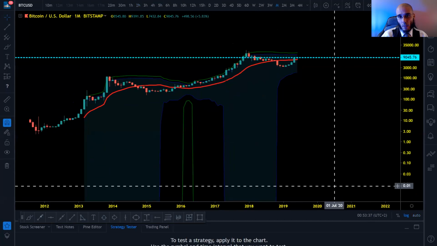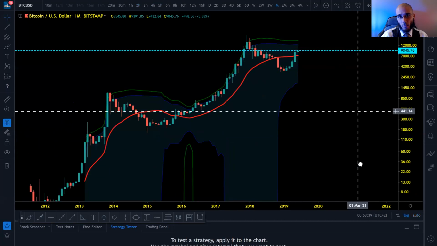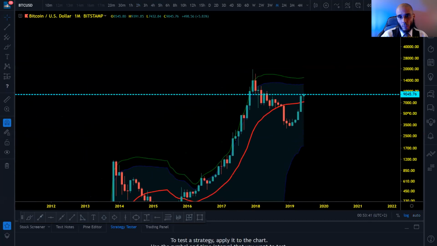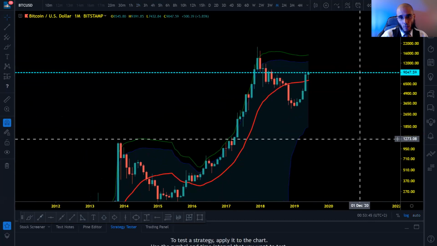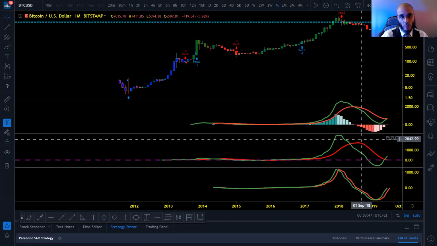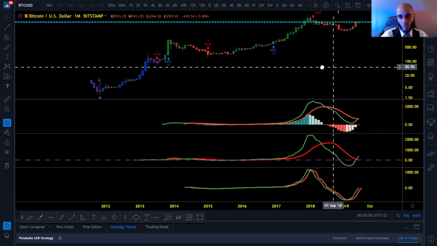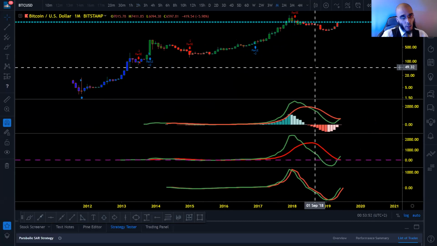Okay. And then we are looking at stochastic, no, at MACD, I'm sorry, MACD. So I'm going to take a look at the 2 hour chart.